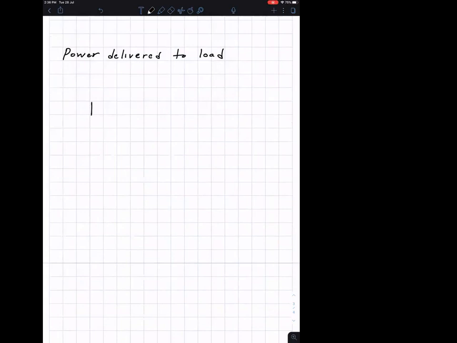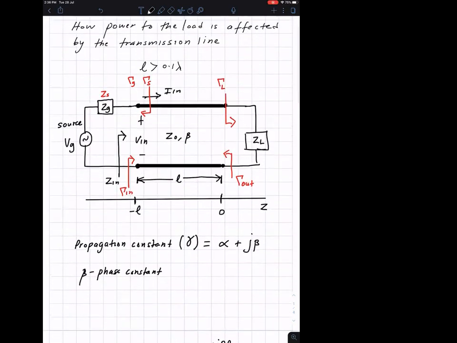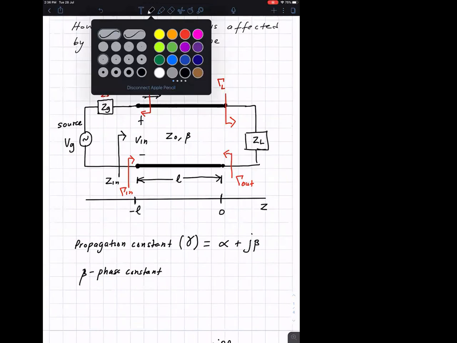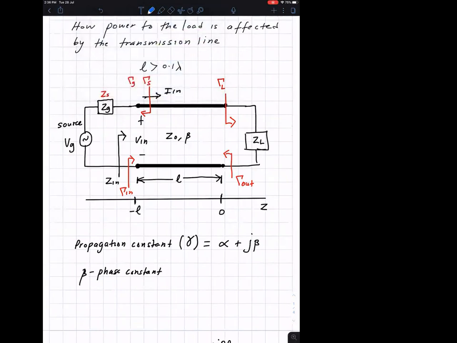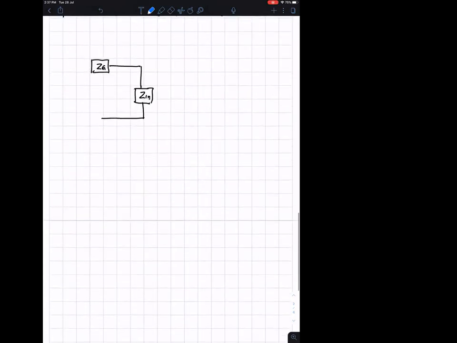Let's say this is the generator ZG, and I take the input impedance of the circuit and draw it as a load. If I replace the whole thing here with Z in, I'm replacing everything there with Z in.